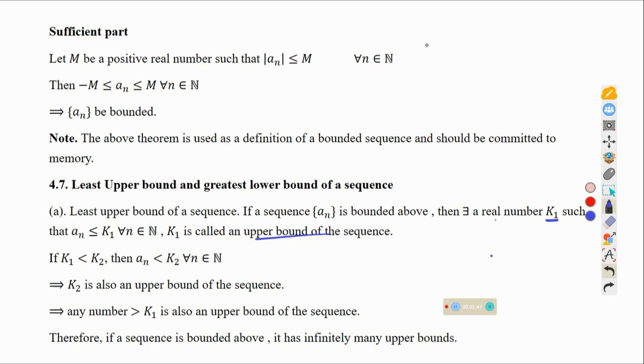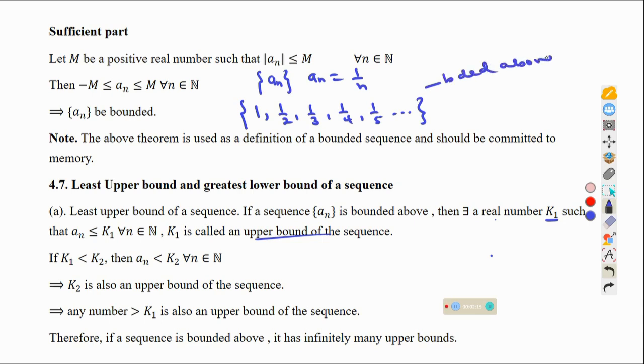Now let us look at a given example. For example, we looked at a sequence a_n whose terms are defined by 1 over n, with terms like 1, a half, 1 over 3, 1 over 4, 1 over 5, and so on. We said that this sequence is bounded above by the number 1.